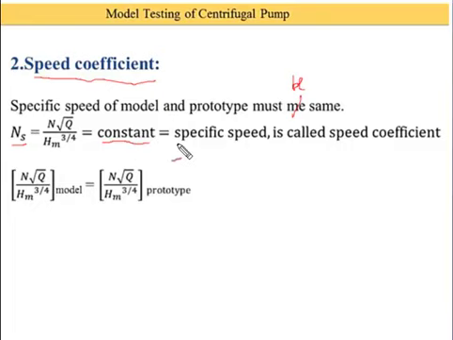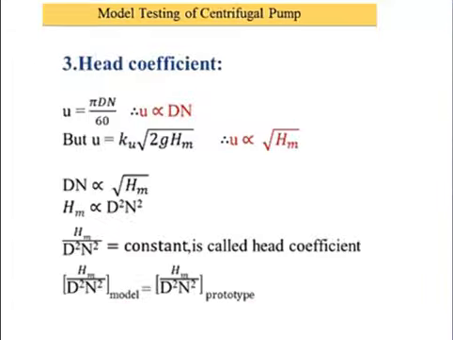So this specific speed is called the speed coefficient. This will be same for a model and for a prototype model. Here n under root q divided by hm to the power 3/4 for a model will be equal to n under root q divided by hm to the power 3/4 for a prototype model.